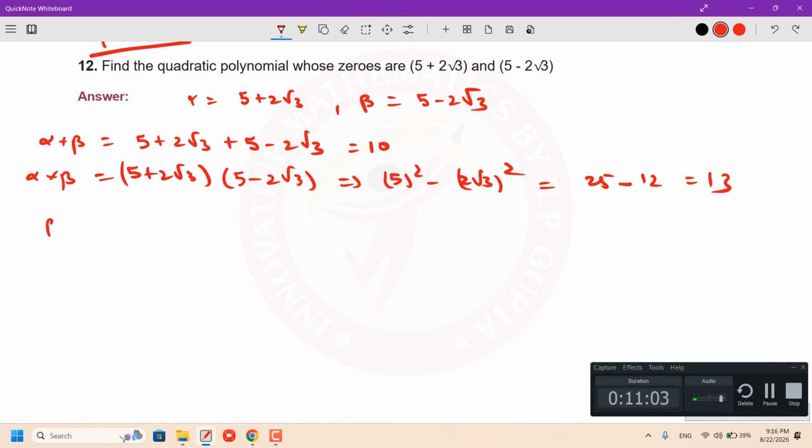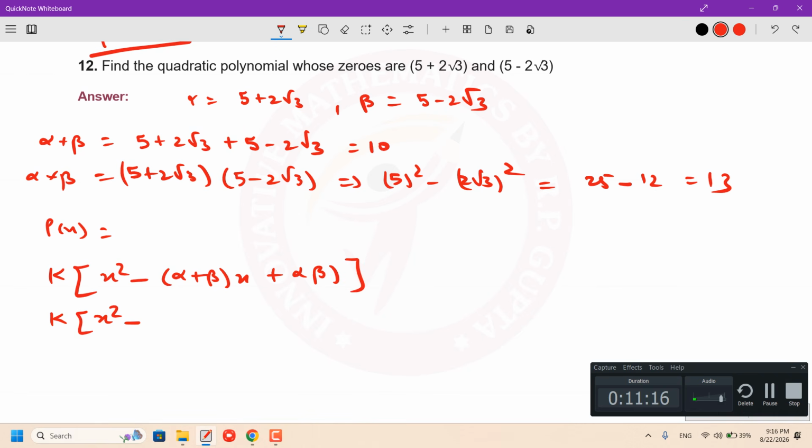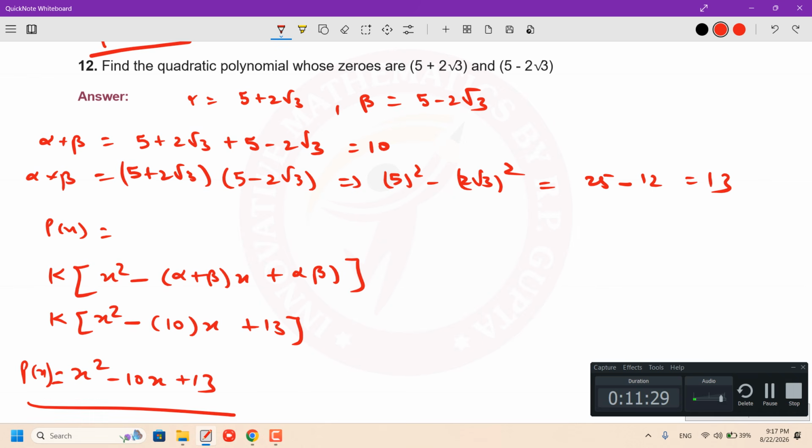So quadratic polynomial p(x) is equal to k x square minus sum of zeros into x plus product of zeros. So k x square minus 10x plus 13. So this one is p(x).